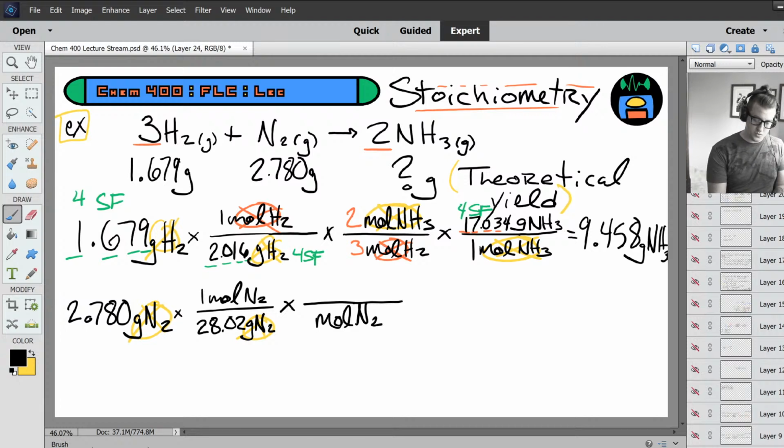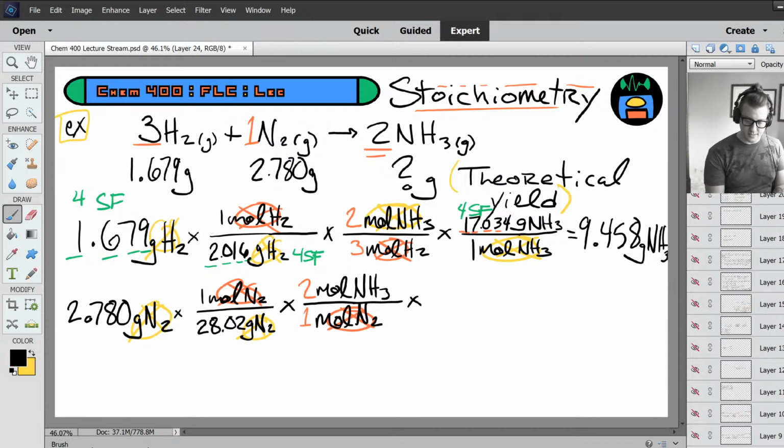Moles of N2. So we got to convert from moles of N2 to moles of NH3. And here we can see that 1 mole of nitrogen produces 2 moles of ammonia. So now moles of nitrogen cancel, and we're left with moles of ammonia.